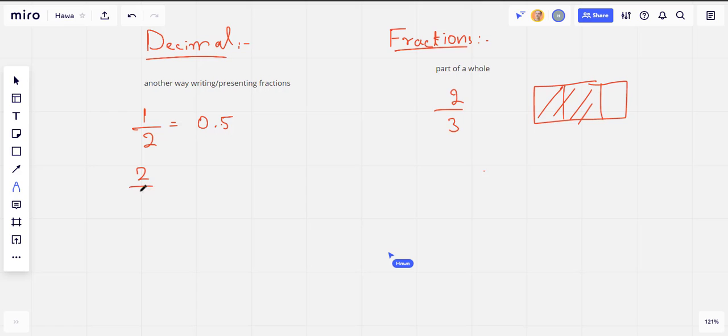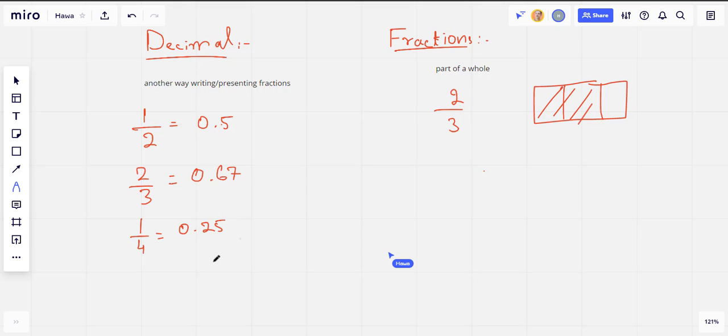Now just like that, 2/3 is equal to 0.67, which is a rounded number, as the 6 goes on forever. So 0.67 or 2/3 is the same thing. 0.67 is another way of writing 2/3. Just like that, let's say 1/4 can be written in decimal as 0.25.